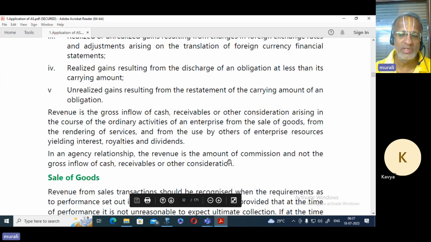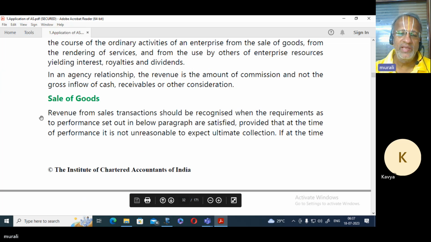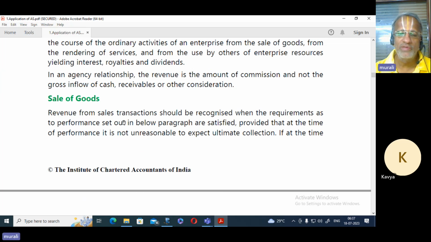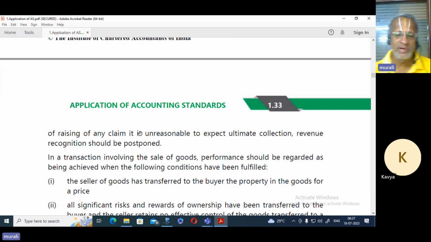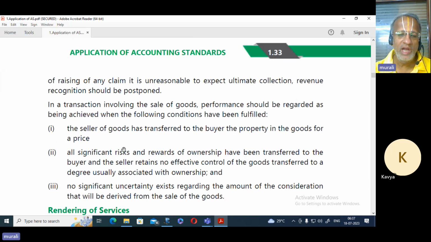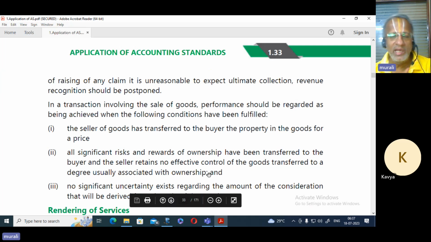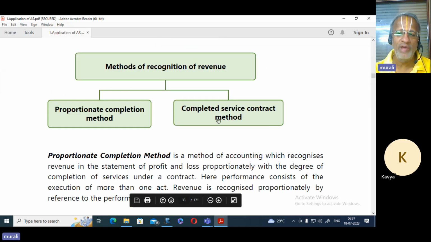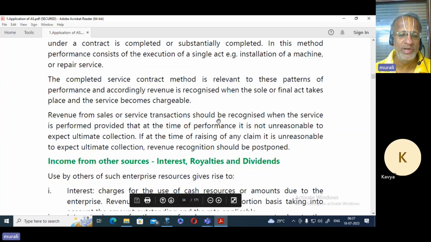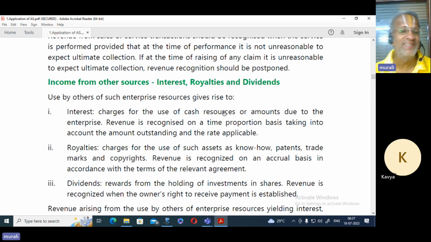this particular accounting standard. They say sale of goods will be taken up only upon delivery, where you are transferring the ownership and where significant risk and reward incidental to the ownership and control is transferred. For rendering of services, you have two different methods, proportionate and completed contract, which we have already discussed in AS7.